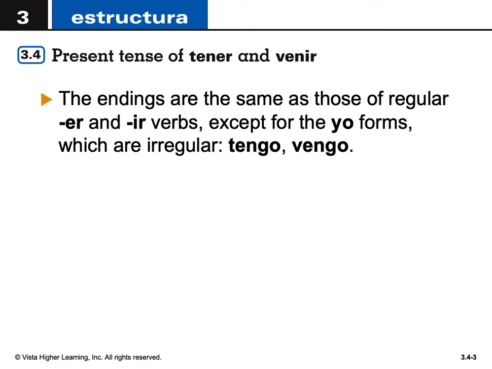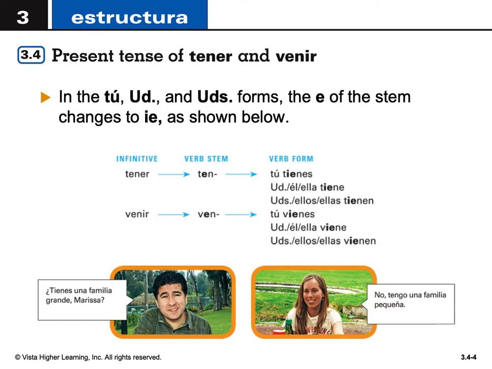The endings, we've been through this. They're the same as those of regular ER and IR verbs, except for the yo forms, which are irregular, tengo and vengo. In the tú, usted, and ustedes forms, the E of the stem changes to IE as shown below. So tener, there's the stem, ten, and then the verb forms, tienes, tiene, and tienen.